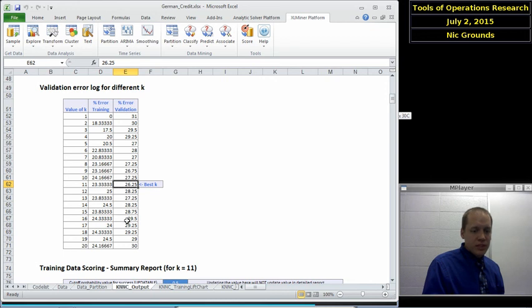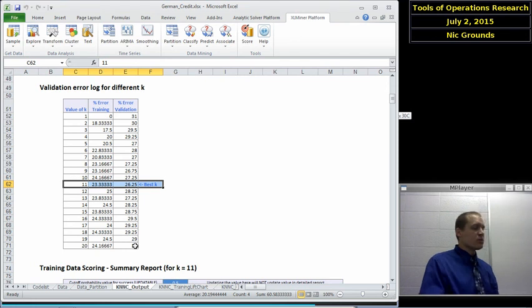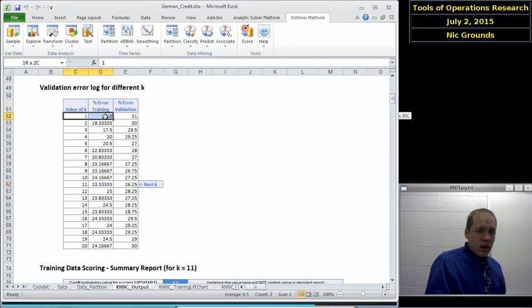Now, what you will generally see is some k in the middle is usually better. It's very rare you would get a k of 1 or a k of 20 that's the best. Okay, maybe in some situations. What you'll also see, just to help you understand k-nearest neighbors a little better, is that if I've picked a k of 1, I will always get 0% error on the training data.